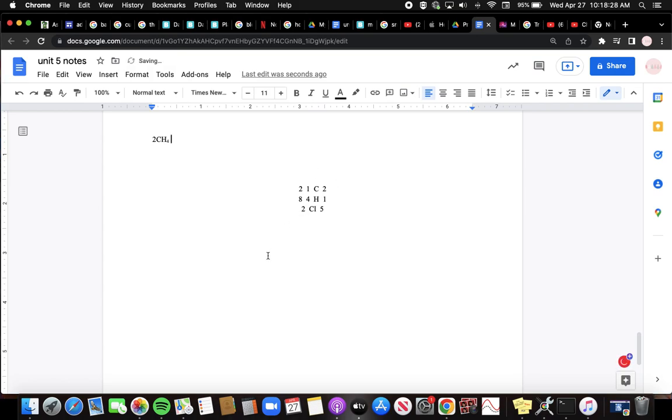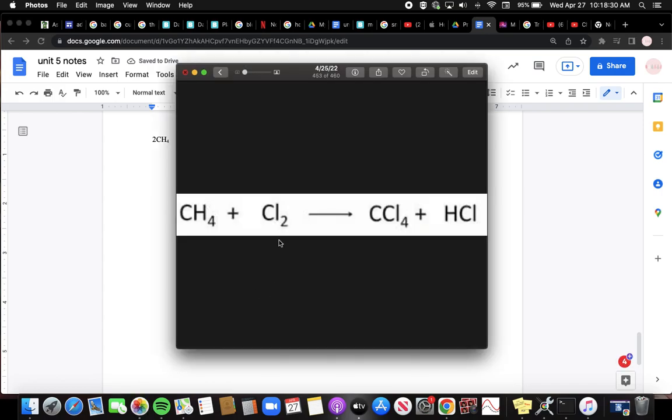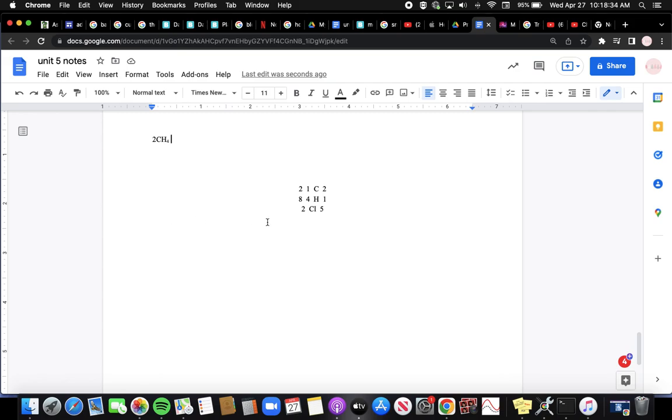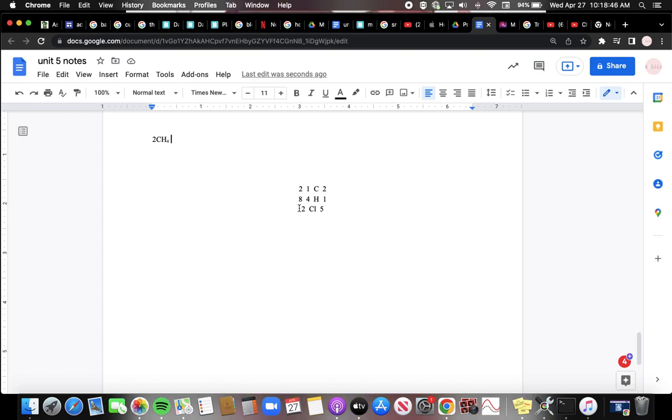So there we go, and then there's the 4. The next one in this is, let's do the Cl, right? There's 2 of these on this side, and then there's 5 of these on the other side. So the way that we're going to want to do this is that we're going to want to times both of them, right? What's the next best thing? 10. So we're going to need to times the 2 by 5 and the 5 by 2.